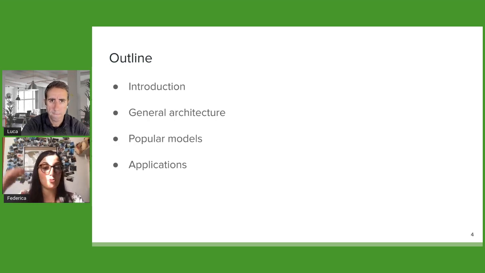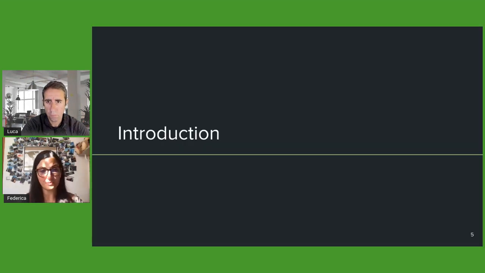Then we will briefly cite some of the most popular models and architectures that are being used today. And we will see the main applications. Obviously, today is just a gentle introduction. Then maybe in the next episode, we will have the opportunity to go deeper into the technical details of all these applications.